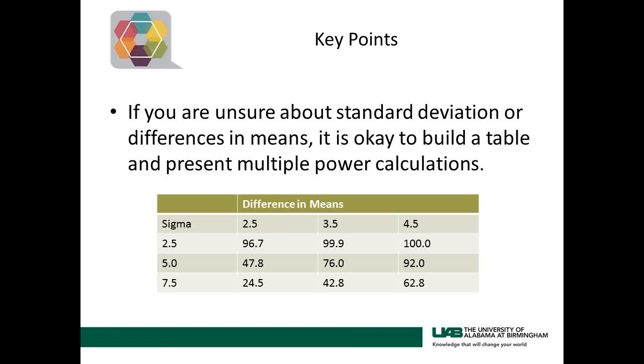But what happens if you're really looking for 2.5, but you're starting to get more and more variability in your data? What happens to your power? It starts going down. And this is why in most studies, when we're 30% into data collection, I don't go look for the difference. That's a no-no.